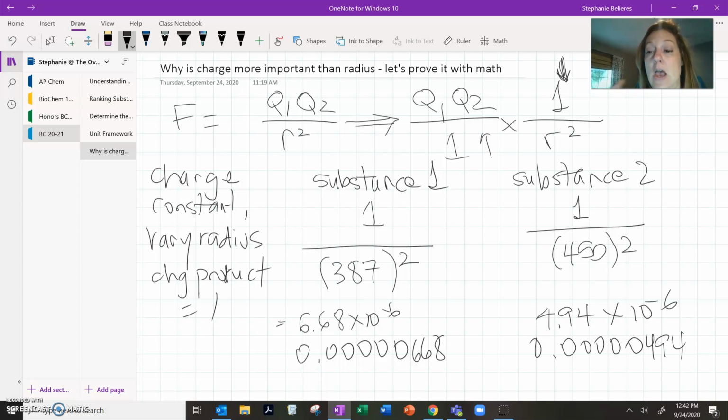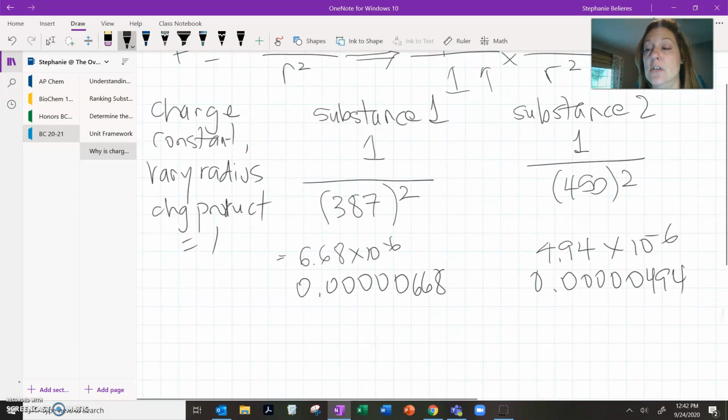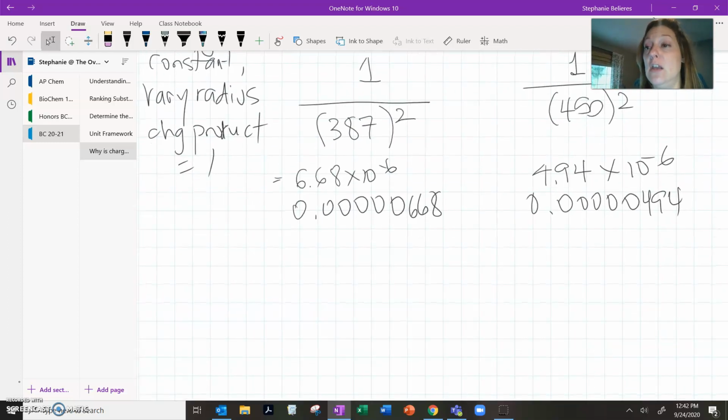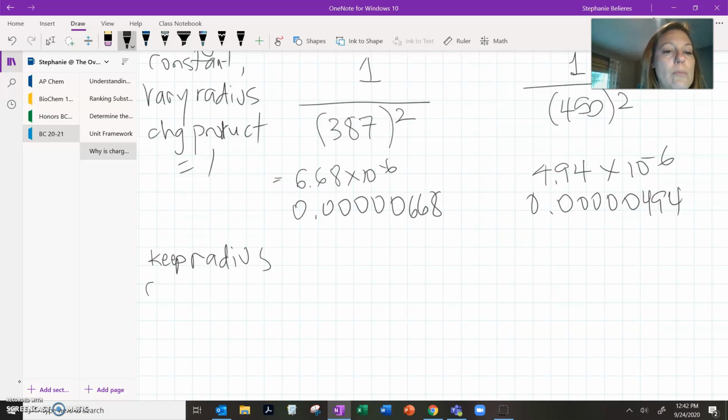Now we can see the differences in the lattice energy when I vary the radius, but let's see what happens when I vary the charge. If I'm going to vary the charge, then I have to keep the radius the same. For ease, I picked 387. I could have picked 1, it's not a big deal. So now I'm keeping the radius constant and varying the charge.